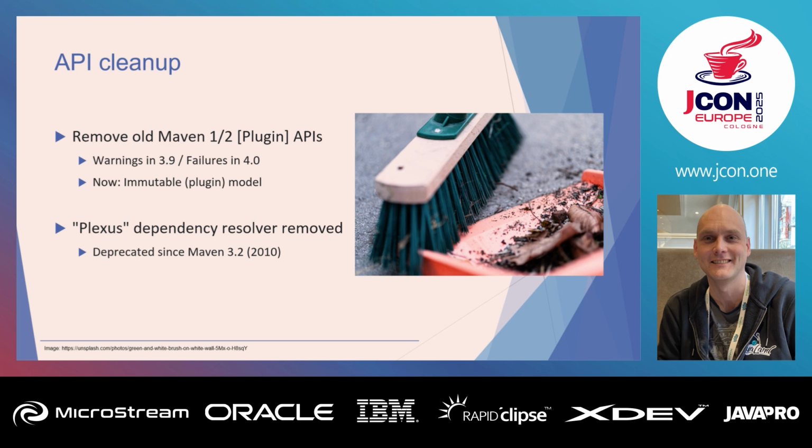The plugin API will be improved and will be changed heavily. So if you are using old plugins, I mean really old plugins, which are not maintained to the current Maven 3 APIs, they might break because the API changes.